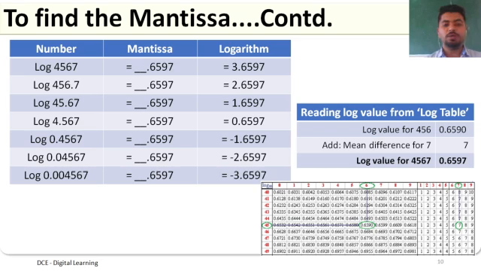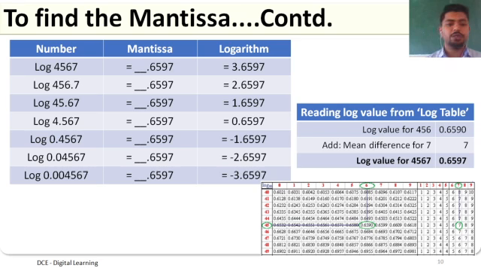So 3 minus 1, 2 will be the characteristic value, and the multiplier value will not change, because four figures have to be considered irrespective of the decimal point. So the multiplier would still remain 0.6597. So the log value for 456.7 is 2.6597.